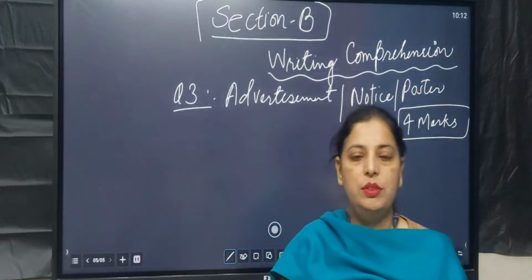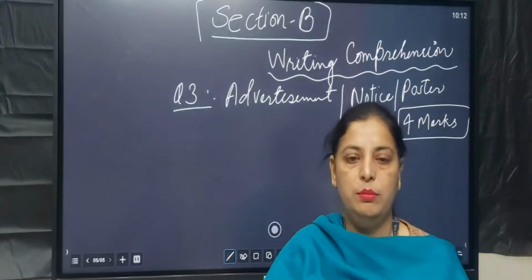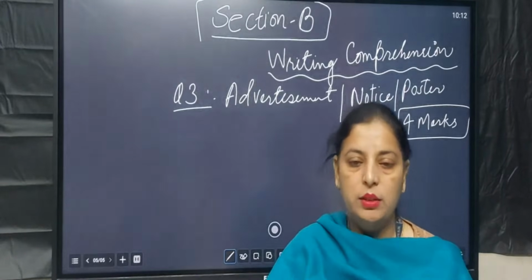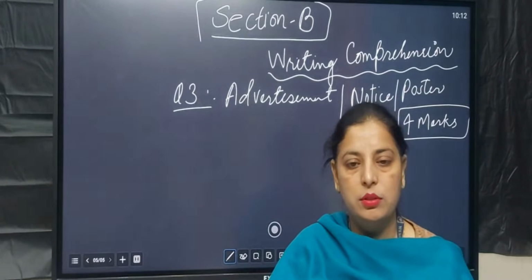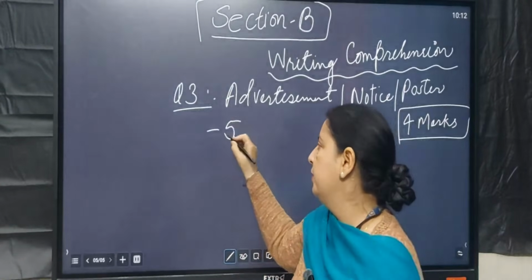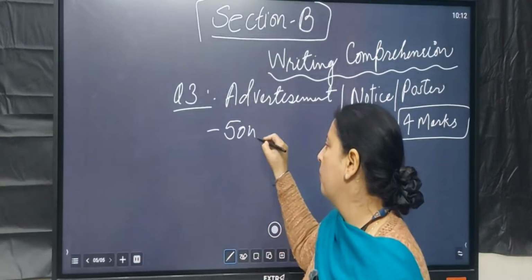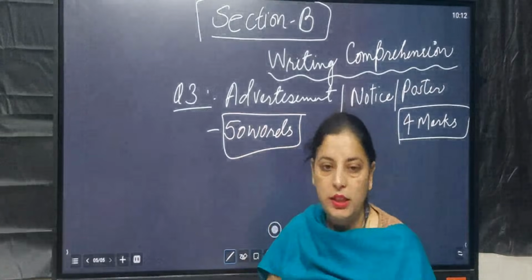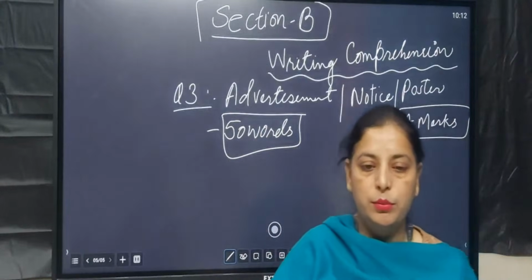Out of 2, you have to attempt any one, 4 marks. Beta, you will get a question on advertisement, notice, or poster. The word limit for this question is 50 words. You have to complete your answer in 50 words only, and it scores 4 marks in the board exam.